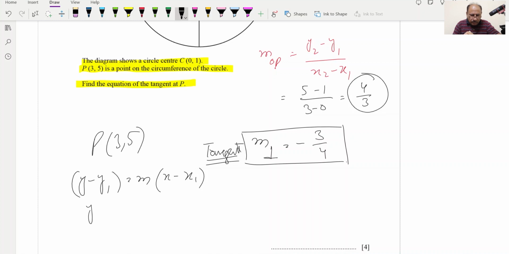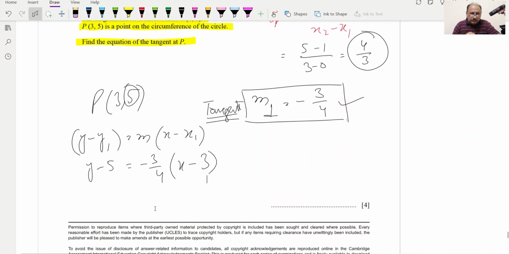So y minus 5 is equal to m, which is minus 3 by 4 into x minus x1, which is 3. So we can just rewrite this equation, and y is equal to minus 3 by 4x minus 9, basically plus 9 by 4 and plus 5.